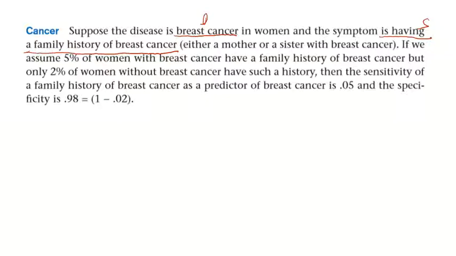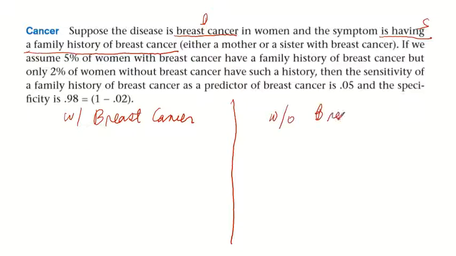If we assume 5% of women with breast cancer have a family history of breast cancer, but only 2% of women without breast cancer have such a history, then what will be our sensitivity and specificity? Okay. So again, let's divide the population into two groups. Those with breast cancer and those without breast cancer.